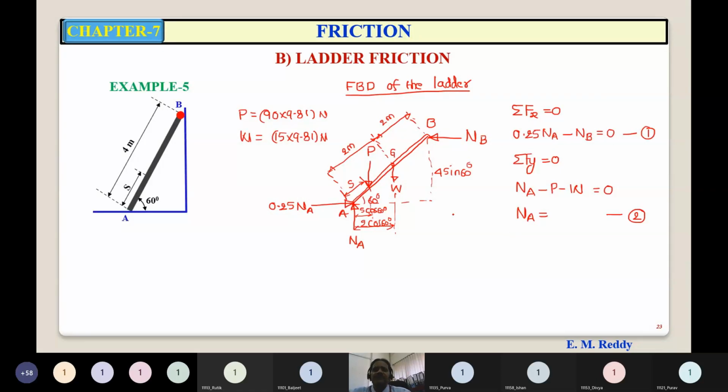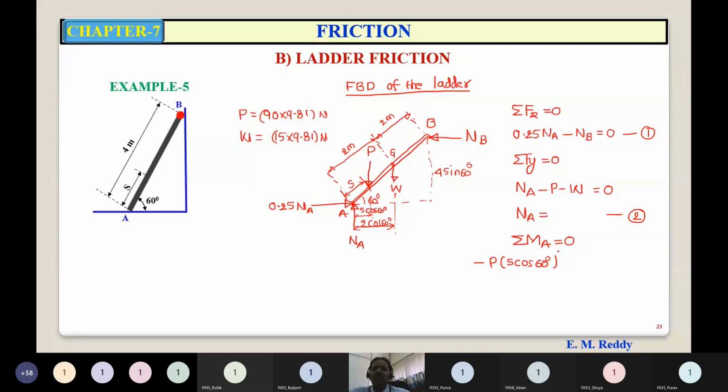Then the third equation. It is a non-concurrent, non-parallel force system, so we can use the moment equation. Taking moments about point A, the algebraic sum of the moments of all forces about point A must be 0. The moment of Na and 0.25 Na will be 0. The moment of P is clockwise, so it is minus P into the perpendicular distance S cos 60.